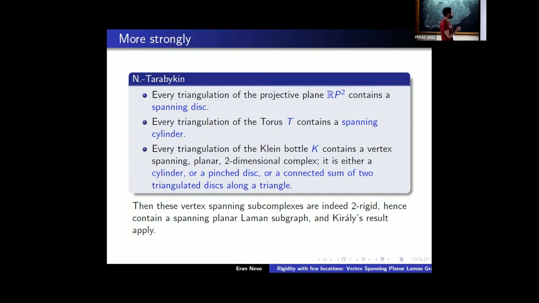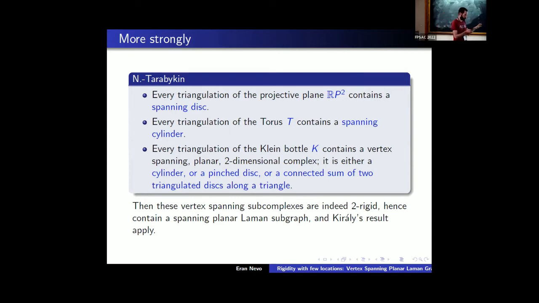So we show that for every triangulation of the projective plane, you can find inside a spanning disk. In particular, the disk is planar. So you can find a planar Laman spanning graph inside it. So you can find even this 2-dimensional subcomplex inside.